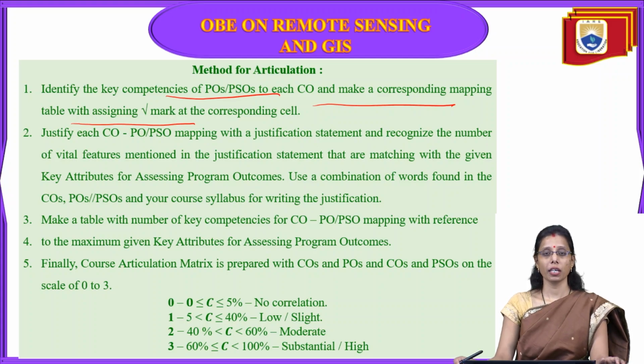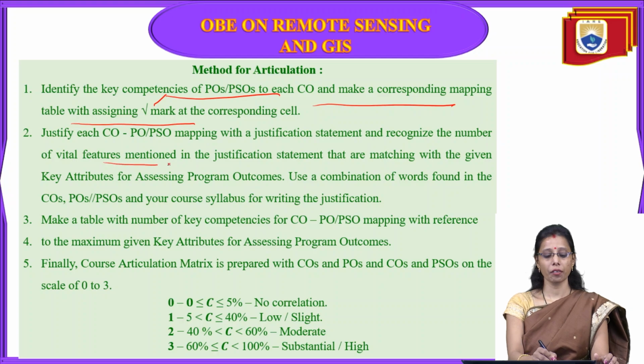Each PO has some key competencies and each PSO has key competencies, and we have to show that through the mapping, and through the tick mark we have to mark the corresponding cell.